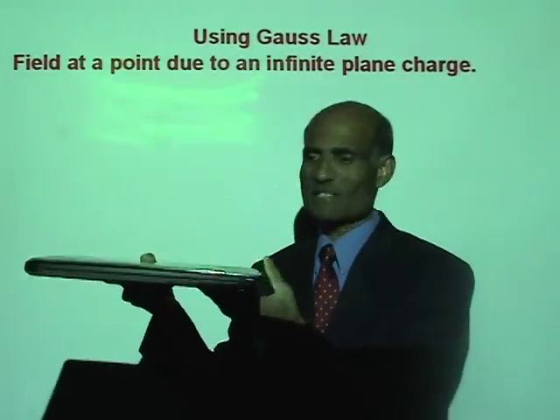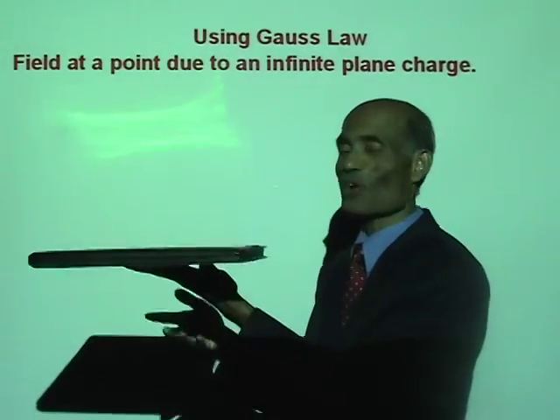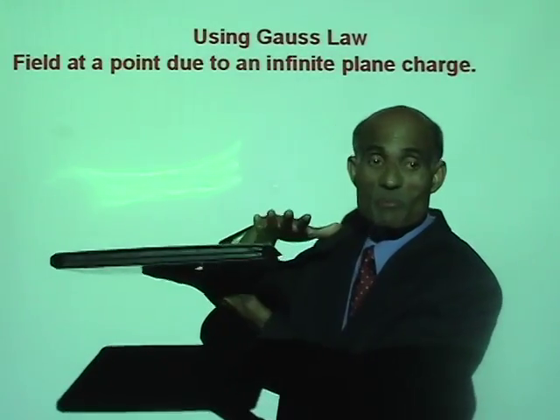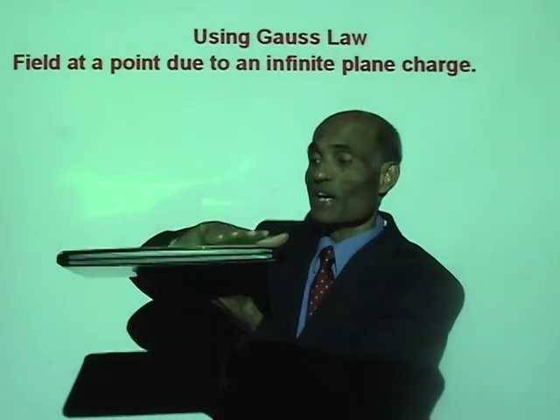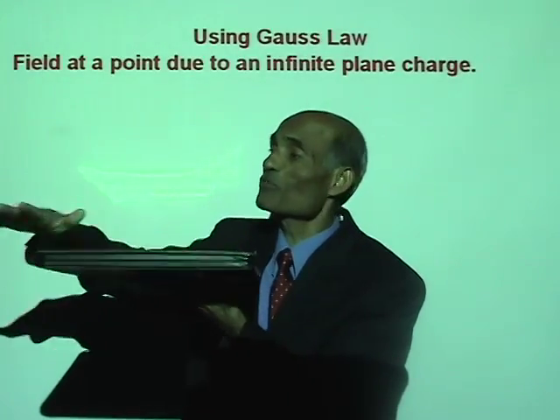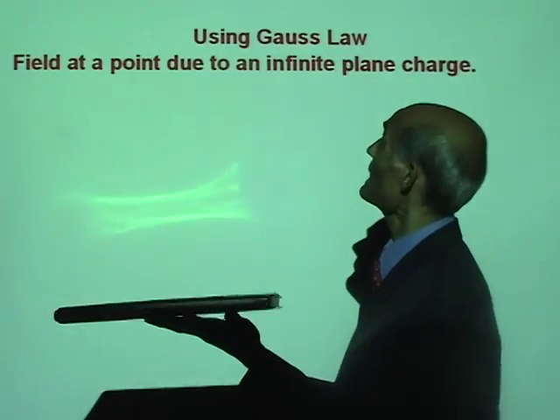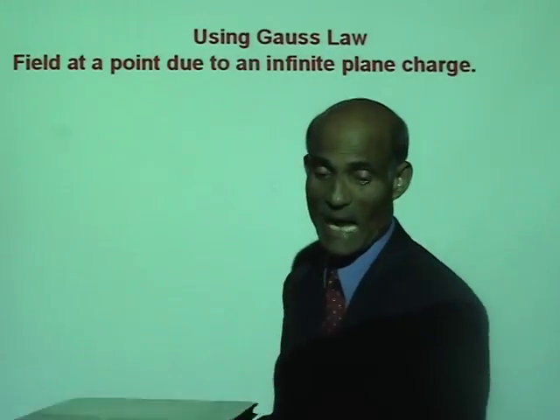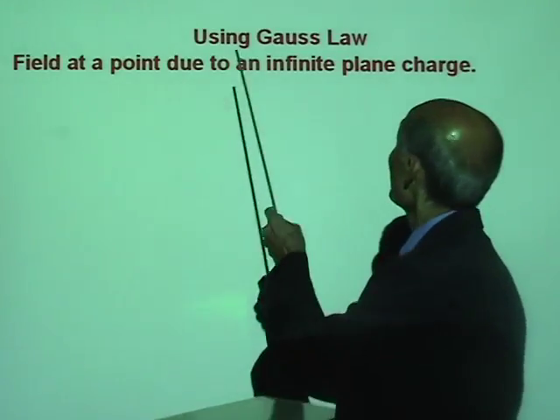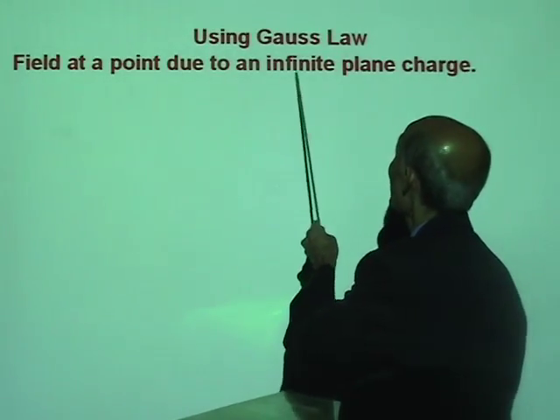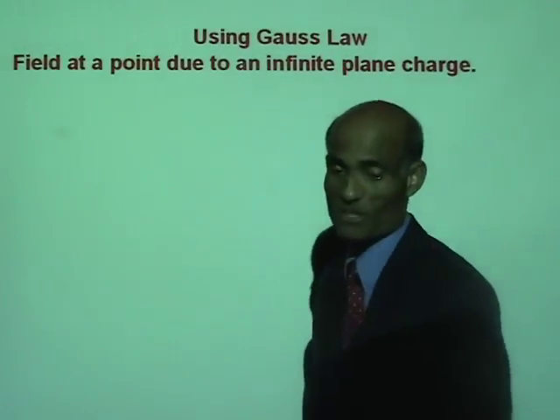This is the best I could come up with for an infinite plane. Remember, when you say an infinite plane, the length and width of it extend to infinity. And we want to find the electric field at a point due to an infinite plane charge.